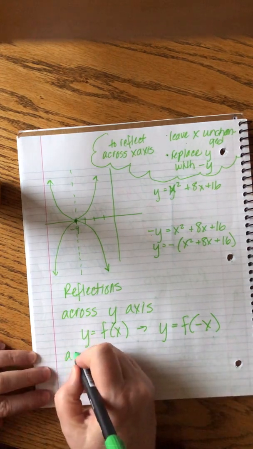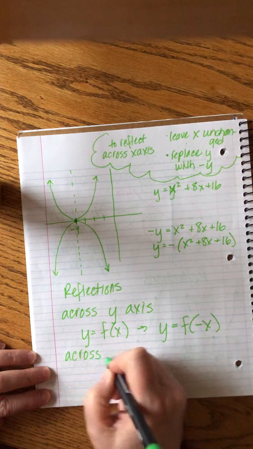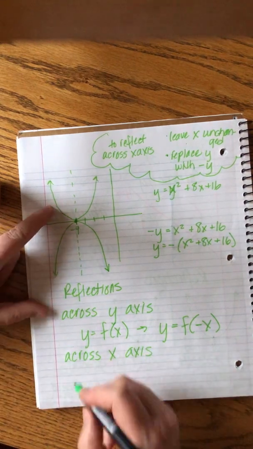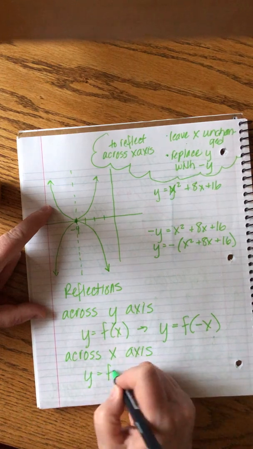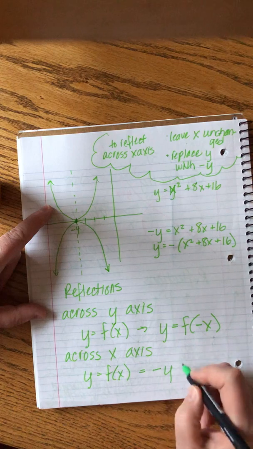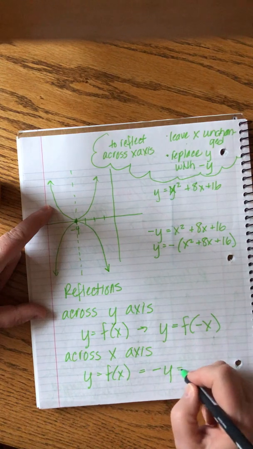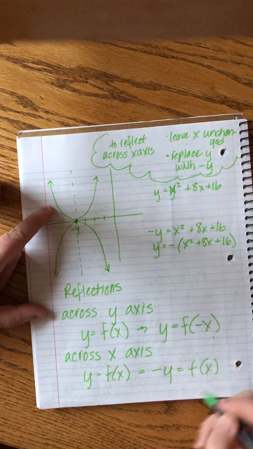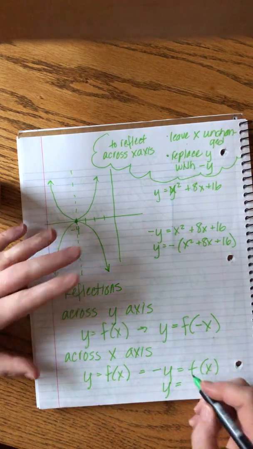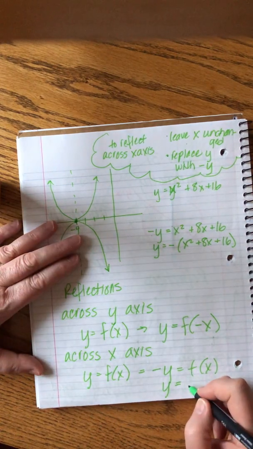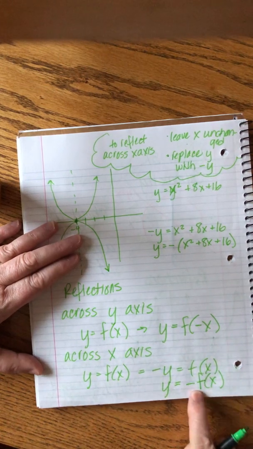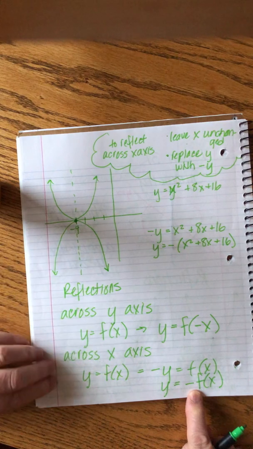If we want to reflect across the x-axis, which again was this, we take the original function and this time we put the minus sign in front of the y. And then again by multiplying by -1 or dividing, however you want to think of it, we come up with this, okay?